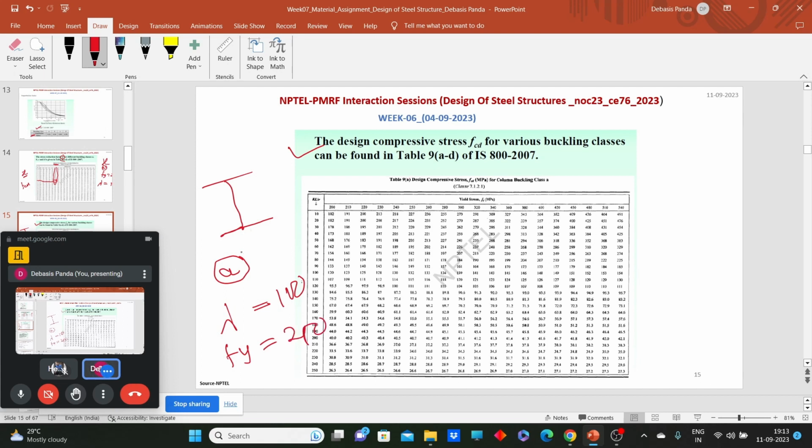So first, buckling class A means you will look at table number 9A. When you find table 9A, go and find the FCD value. So 250 here and 100 here, so the FCD value will be this value. By this way, we can calculate the FCD value.